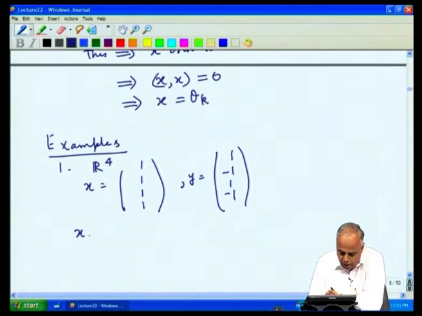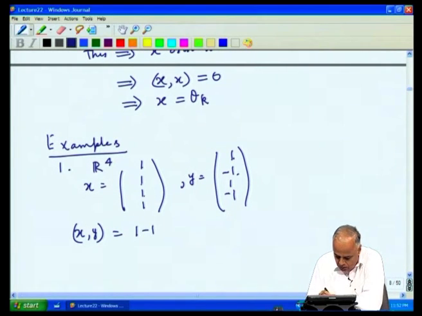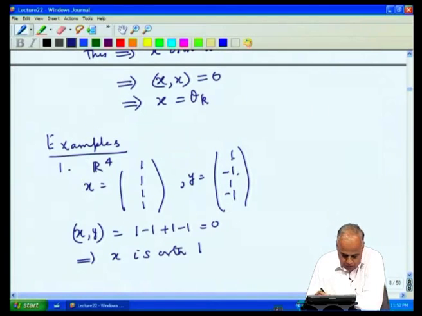Clearly, we have ⟨x, y⟩ is x_1 y_1 which is 1, x_2 y_2 which is -1, x_3 y_3 which is 1, x_4 y_4 which is -1. So, it is going to be 1 - 1 + 1 - 1 which is 0, which implies x is orthogonal to y in the vector space R^4.